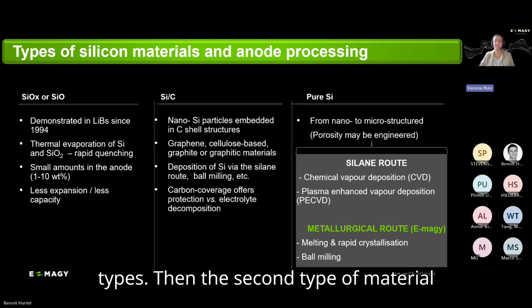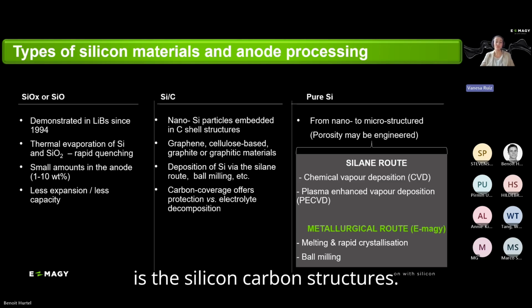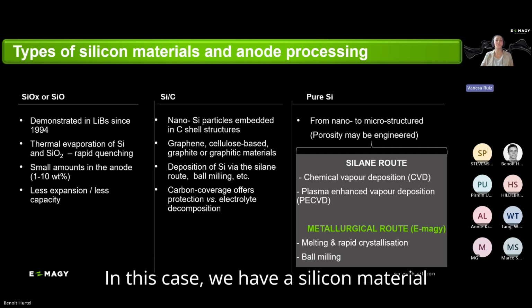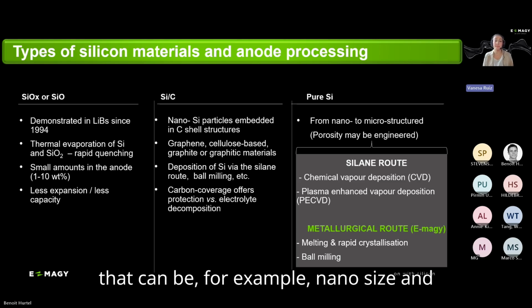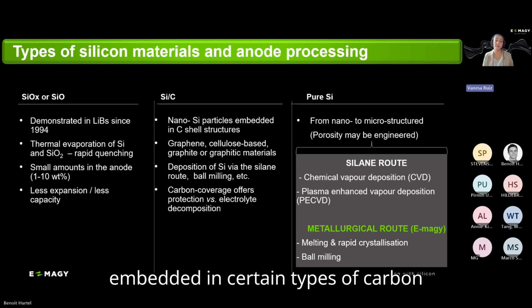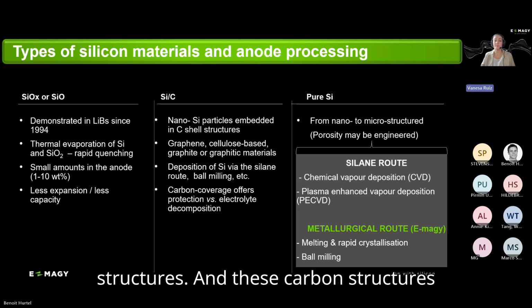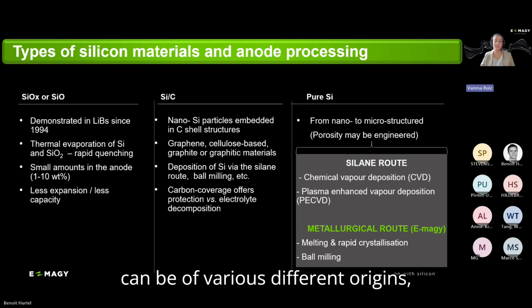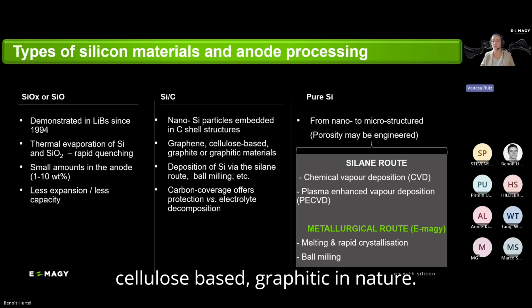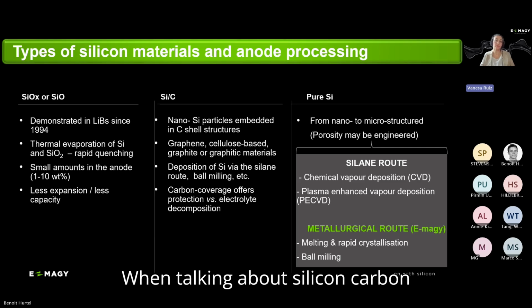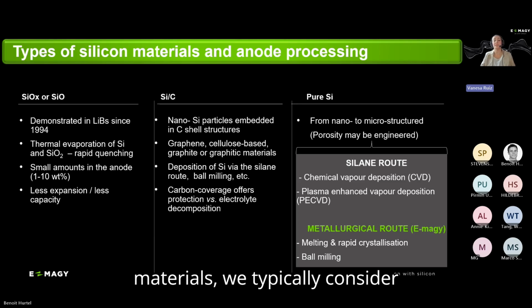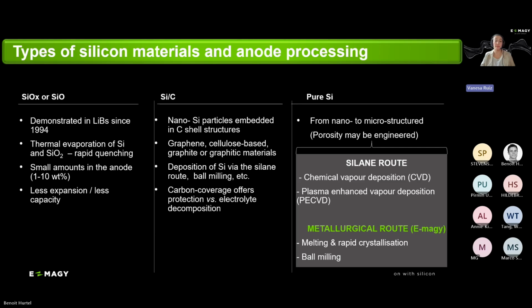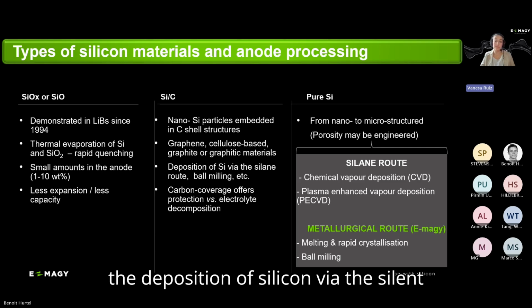Then the second type of material is the silicon carbon structures. In this case, we have a silicon material that can be, for example, nano-sized and embedded in certain types of carbon structures. These carbon structures can be of various different origins, cellulose-based, graphitic in nature. When talking about silicon carbon materials, we typically consider the deposition of silicon via the silane route.